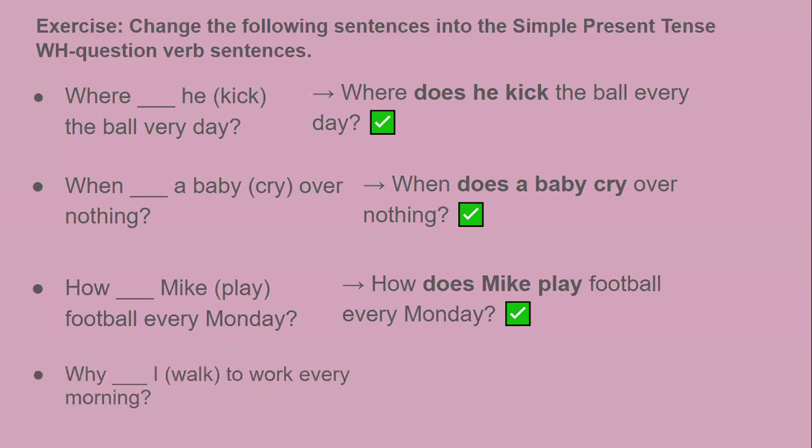Let's keep it moving. Next sentence. Why space I walk to work every morning? So we have a WH question here.